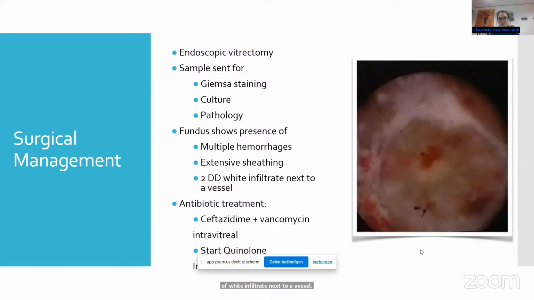Based on this image and the situation, intravitreal ceftazidime and vancomycin were given with the suspicion of an infectious cause, and a quinolone was also started intravenously.